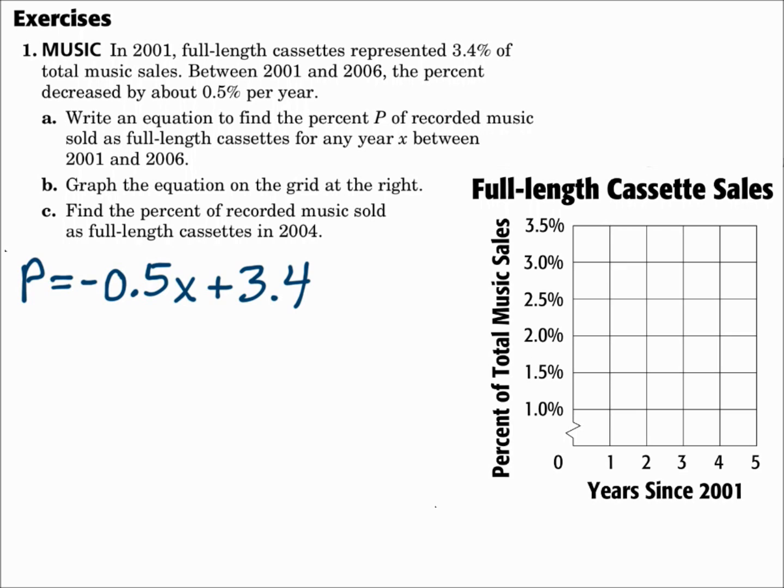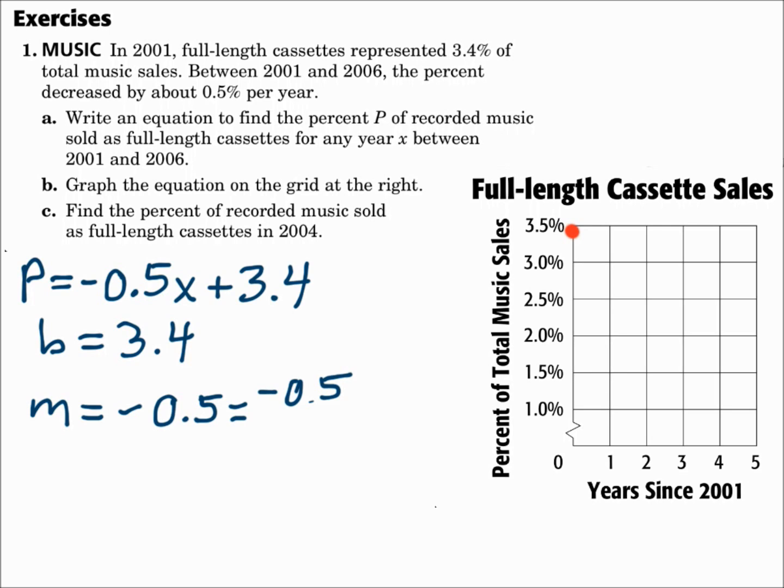B. Graph the equation on the grid at the right. To graph this, we need a starting point, and that's the y-intercept. B is 3.4. So we'll put a point at 3.4 on the y-axis. Then from there we'll use the slope to find the next point. The slope is negative 0.5.